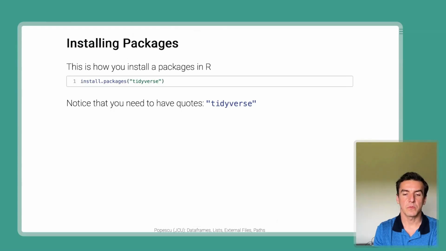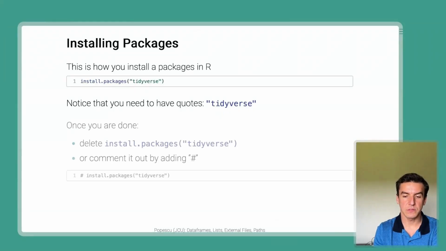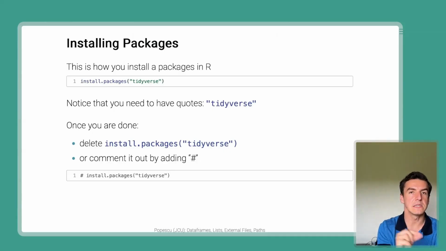Okay, installing packages in R. So here's, for example, tidyverse. We have to do install.packages, parenthesis, quotes, tidyverse. But once we're done with this, it's important to delete this install.packages tidyverse, because otherwise we will not be able to render the Quarto document.